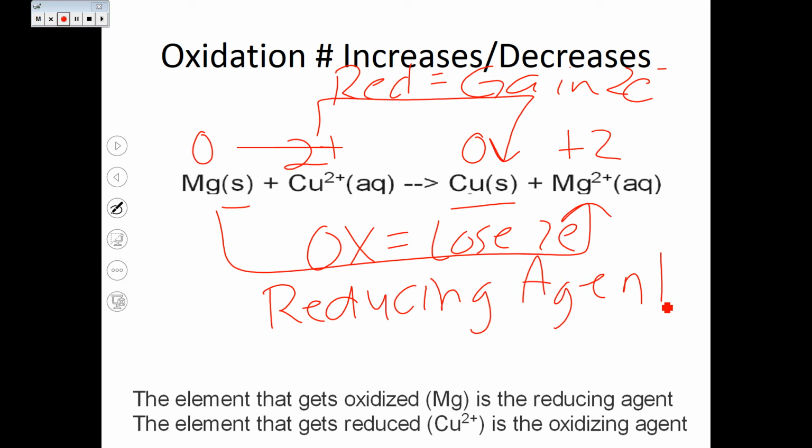The reason it's the reducing agent is because when it gets oxidized and loses 2 electrons, it is responsible for reducing the copper and giving copper those 2 electrons. So whatever is being oxidized is called the reducing agent, and whatever is being reduced, the copper 2 positive in this case, is what we call the oxidizing agent.